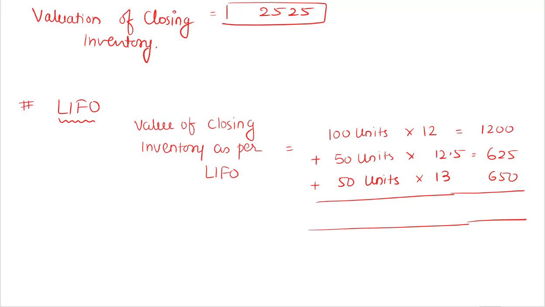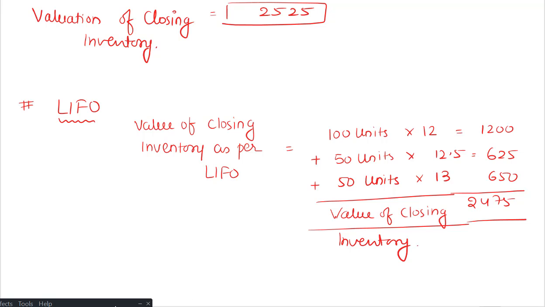If we total this, 650 plus 625 plus 1200, the total is 2475. This is the value of closing inventory. Clear?